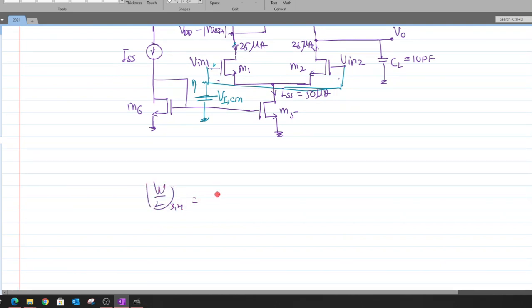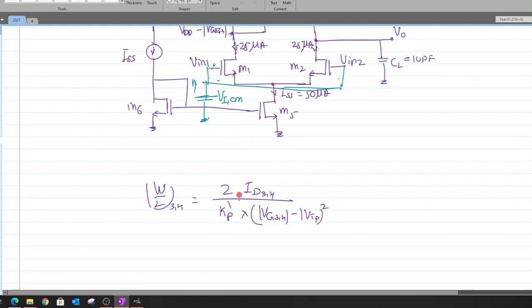I'm using this simple formula, with VGS3,4 the whole square.